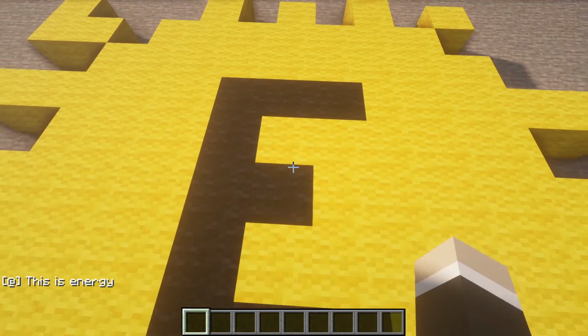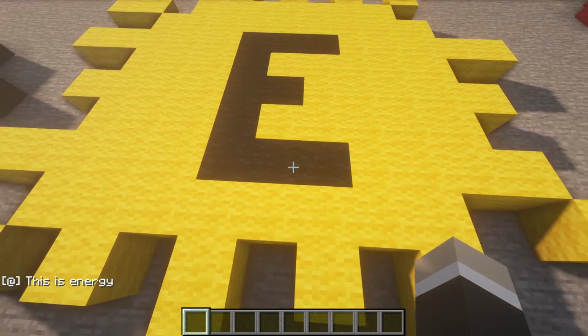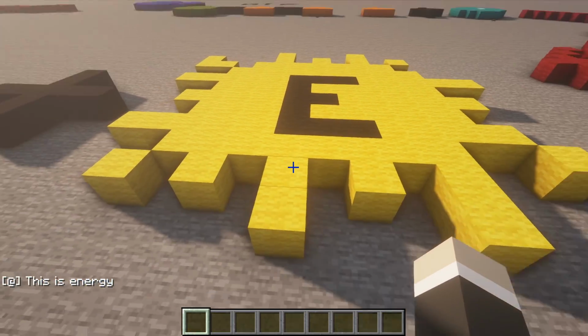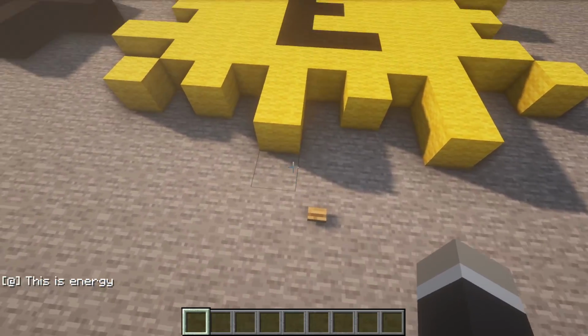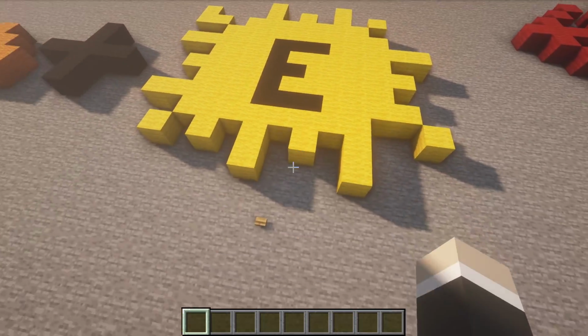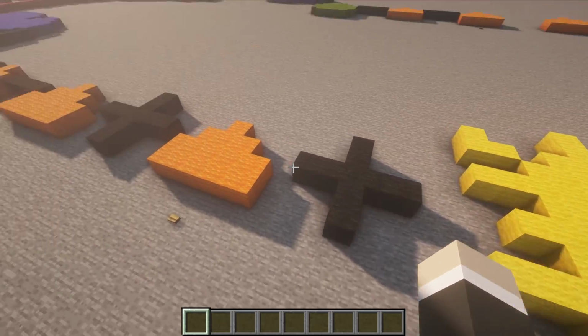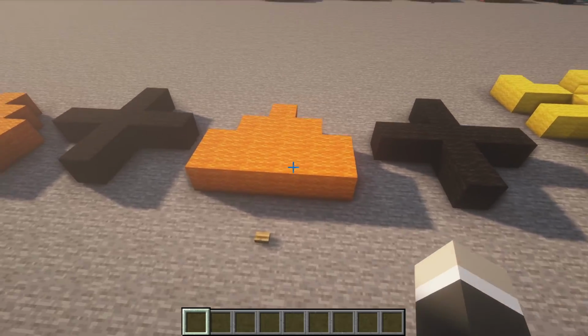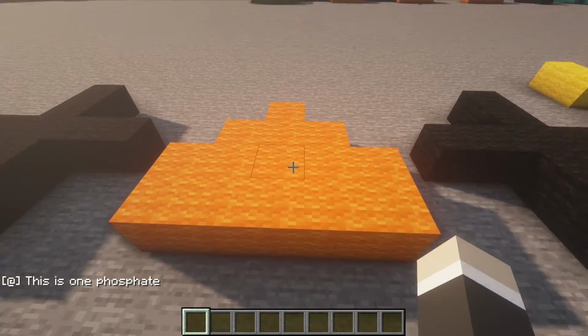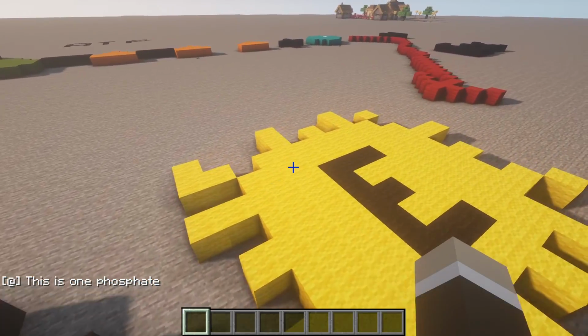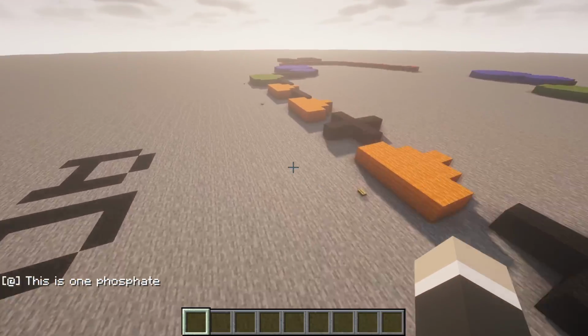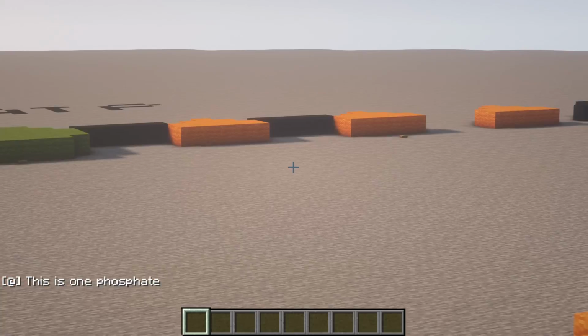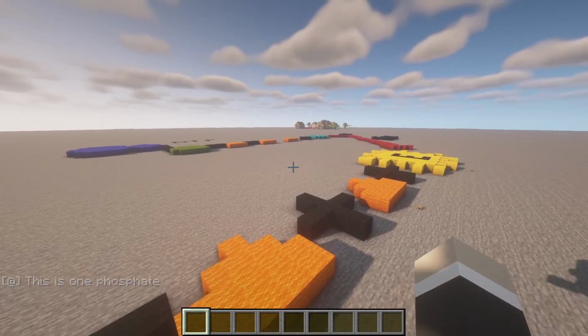You can tell by the E. So this is the recipe to make ADP into ATP. And then you got 1 phosphate. So you combine an inorganic phosphate with some energy, you get triphosphate, but there's no line there, but you can imagine.